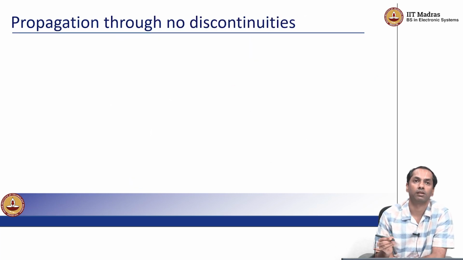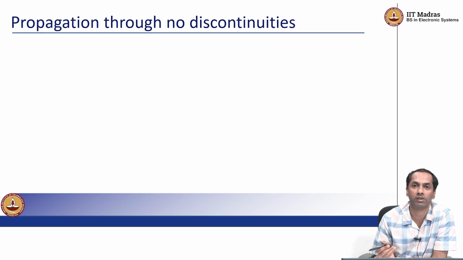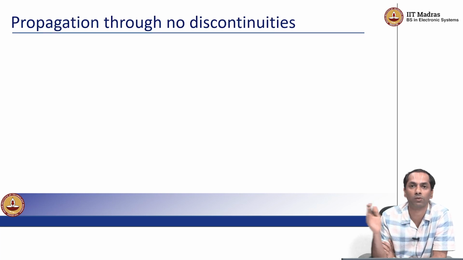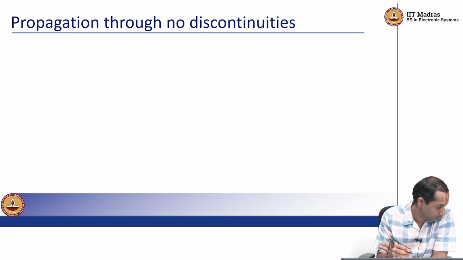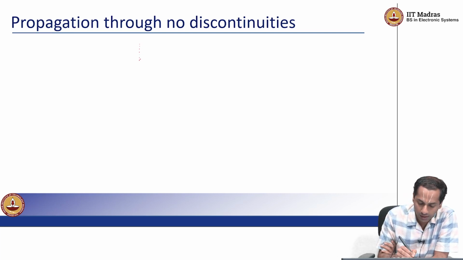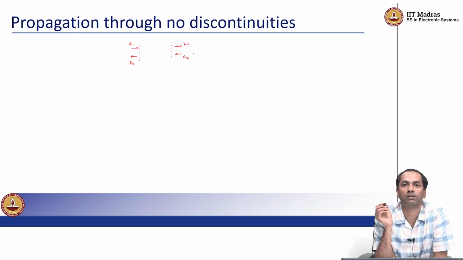Let us look at propagation through no discontinuities. So I just have a plane wave going from point A to point B of some distance, right? So we can even look at that as a two-port device, right? Where I have launched a wave, right, and there's no coupling between A2 to B2, right?